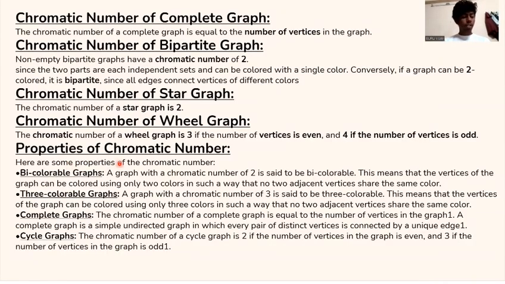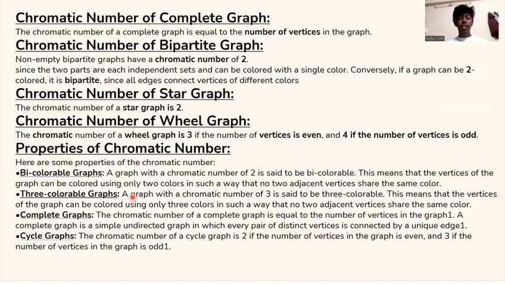Next, let us see the properties of chromatic number. So what are the properties of chromatic numbers? Here are some properties of chromatic number. Bicolorable graphs. A graph with a chromatic number of 2 is said to be bicolorable. This means that the vertices of the graph can be colored using only two colors in such a way that no two adjacent vertices share the same color.